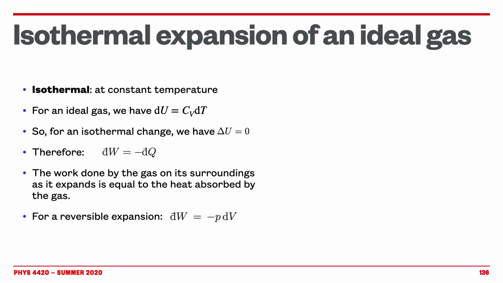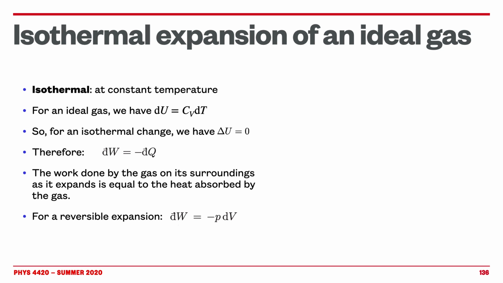Let's see, because even though we have an isothermal process, and I just want you to wrap your head around this, because we allow work to be done on the system, heat has to be transferred to the system.